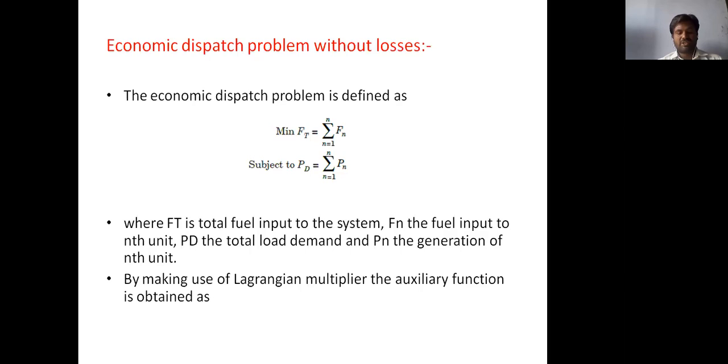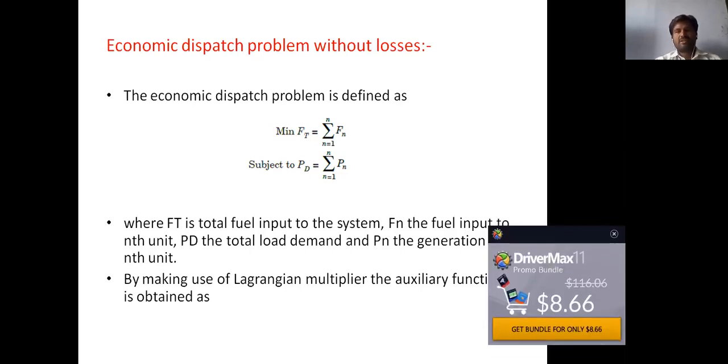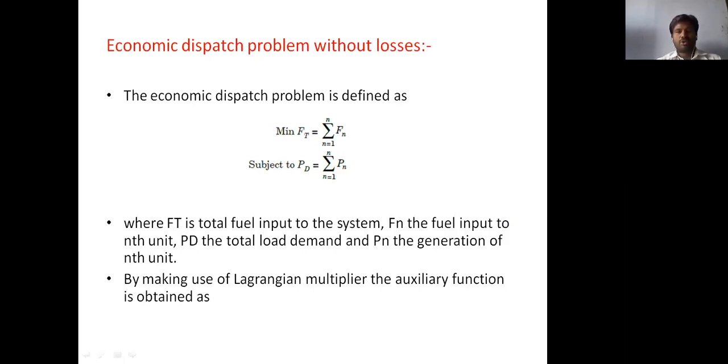In equation form, PD equal to PG1 plus PG2 plus PGi and so on up to PGn. In simple form, PD equal to the summation from n equal to 1 to N of Pn, where F_T is the total fuel input of the system, Fn is the fuel input to the nth unit, PD is the total load demand, and Pn is the generation of the nth unit.